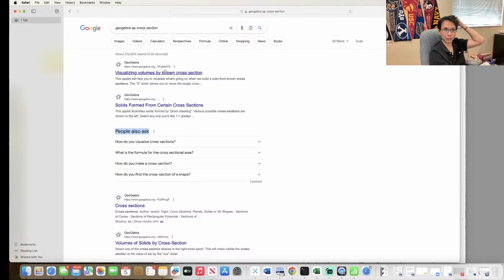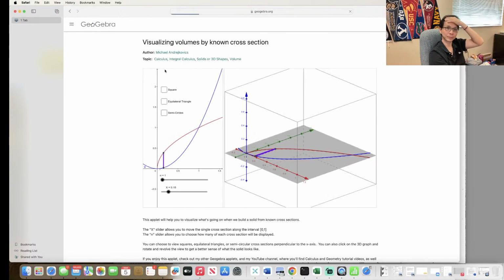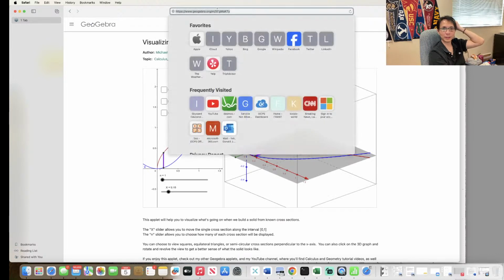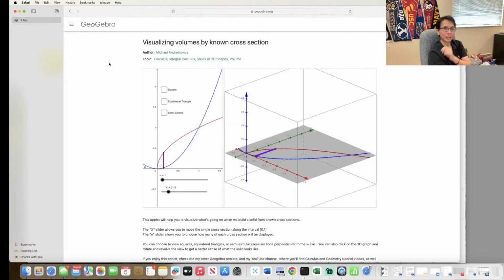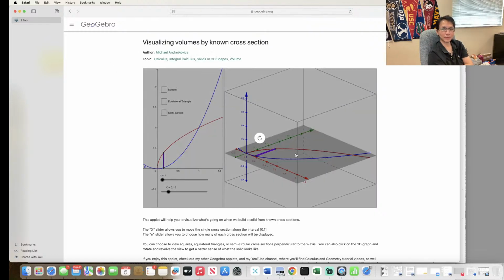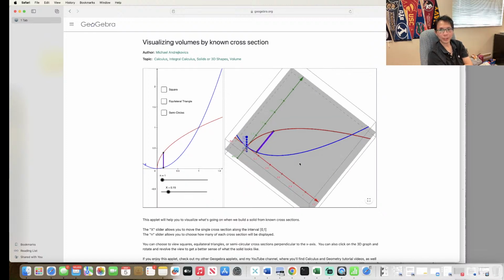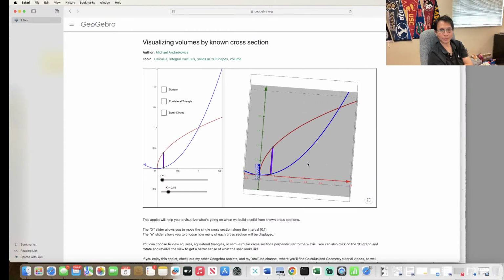Okay, visualize cross section. So you search this, copy this link into WhatsApp if you can, and it should look like this. Obviously this is a graph. The graph I'm interested in is the x squared and square root of x graph, and I can move on the top.